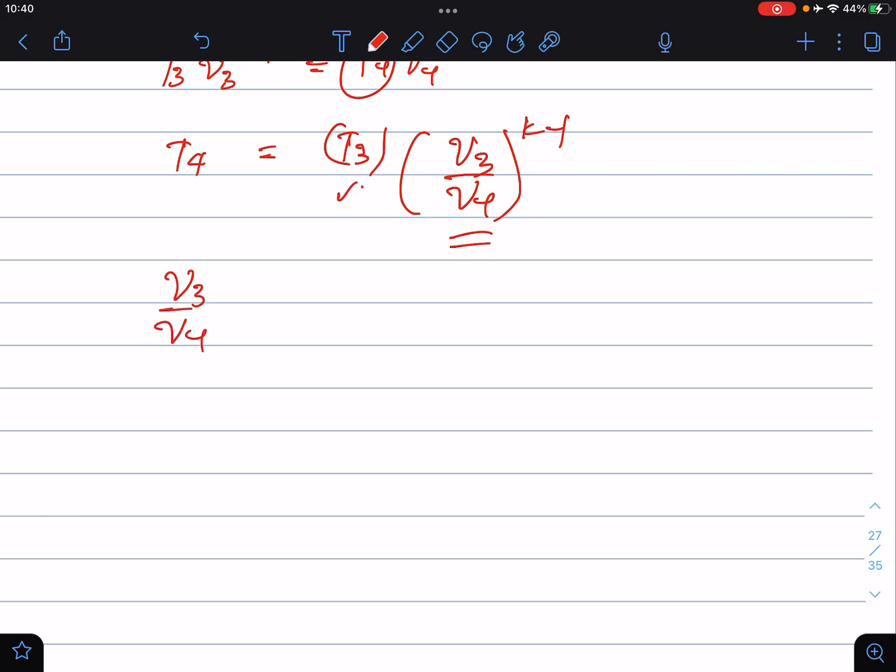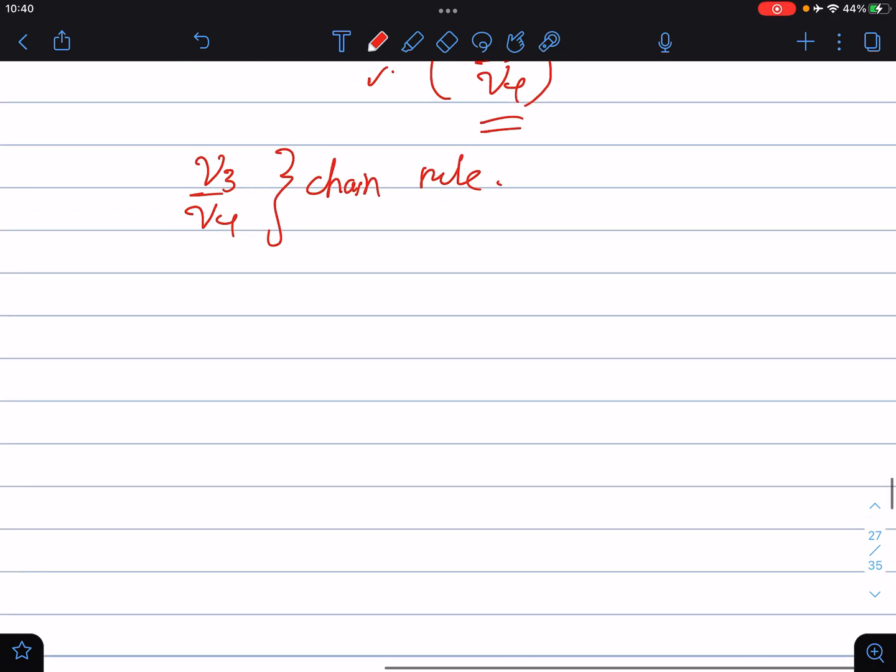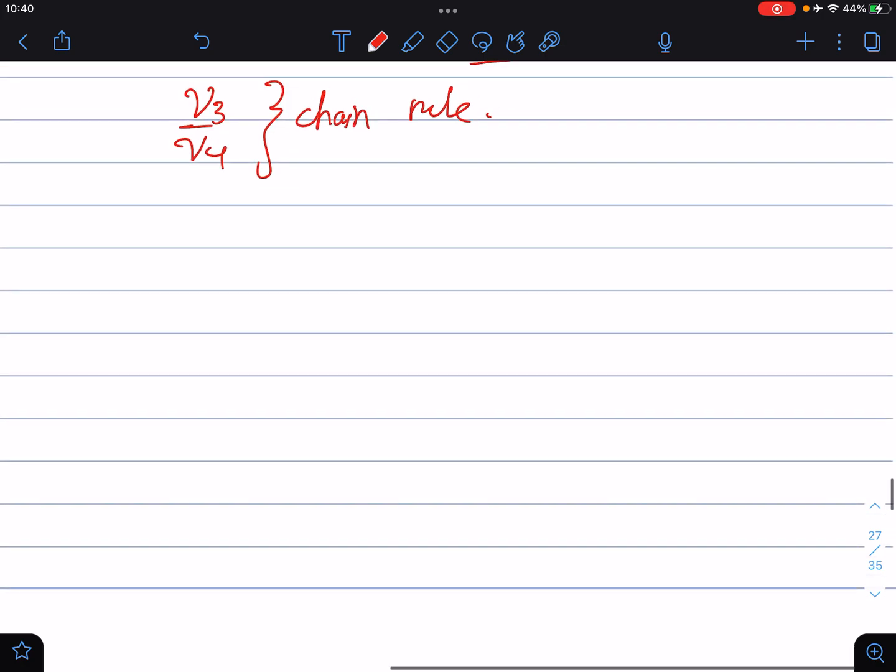What is the chain rule? The chain rule is a mathematical operation to get a ratio by relating it with another ratio. So V3 over V4 equals, how do we apply this? You find the nearest ratio of 3, which is V2. 3 and 2 are the nearest points, and you multiply by V2 in the denominator, and then divide by V4.